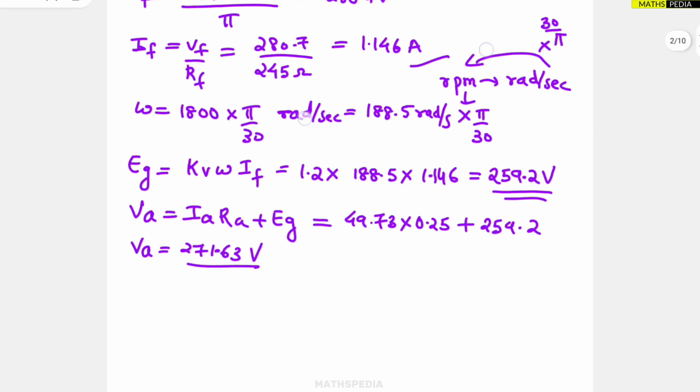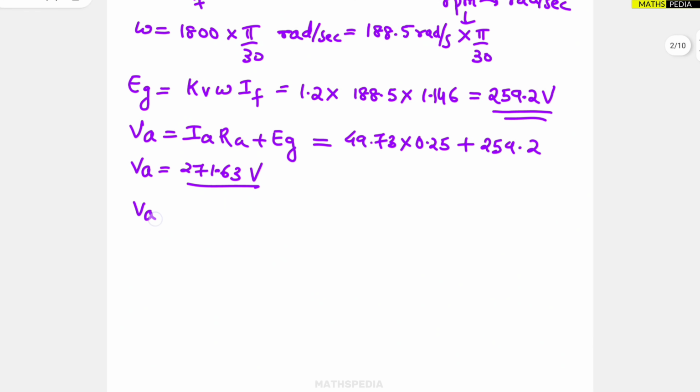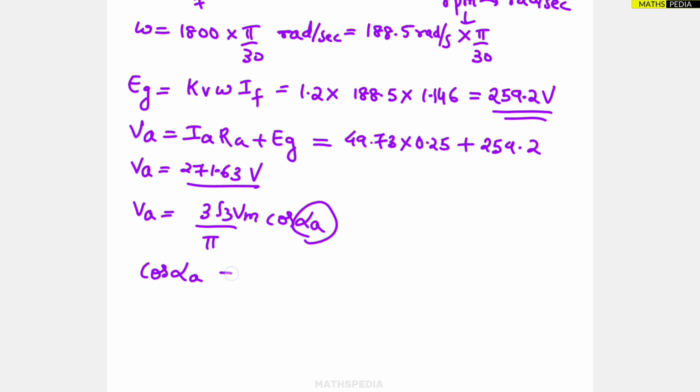After getting VA, I am going to substitute in this formula of VA so that I can get alpha A. So as we know, VA is equal to 3 root 3 by pi Vm into cos alpha A. I need alpha, that means alpha A, so shift everything that side. Cos alpha A is equal to VA into pi divided by 3 root 3 into Vm. So what is the VA value?